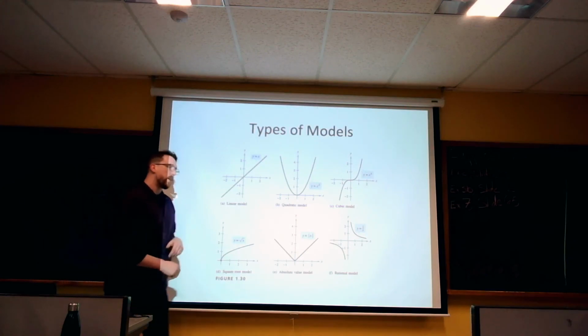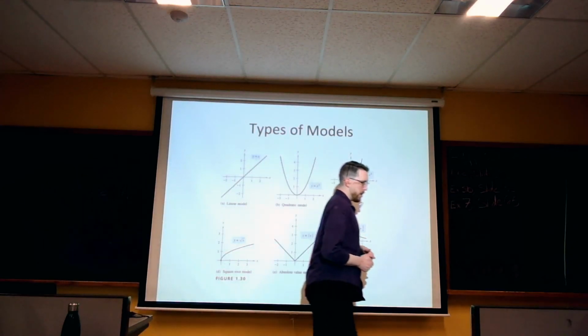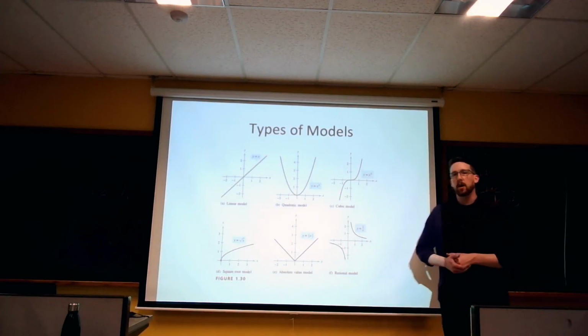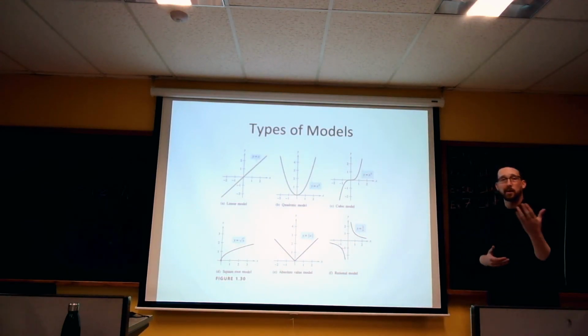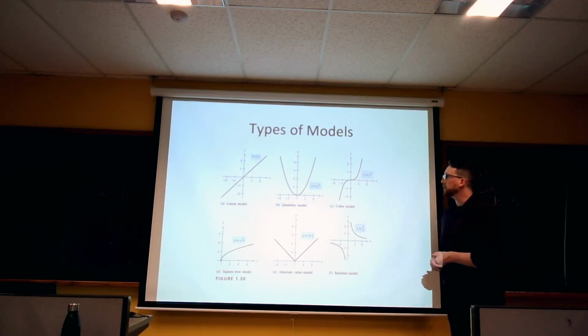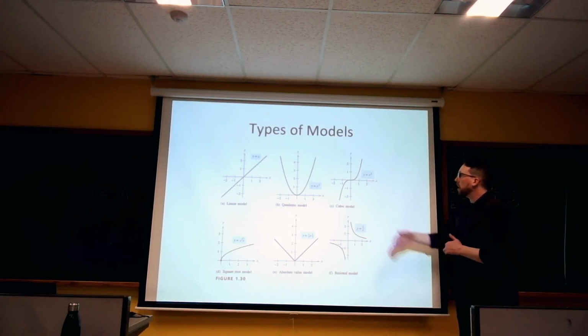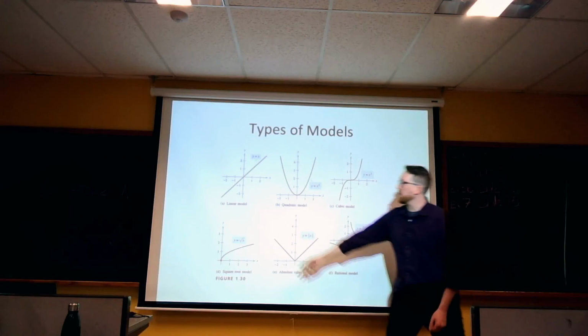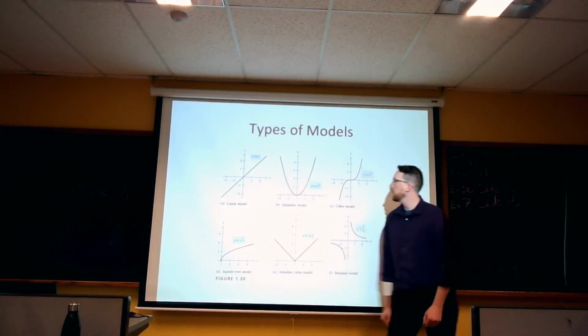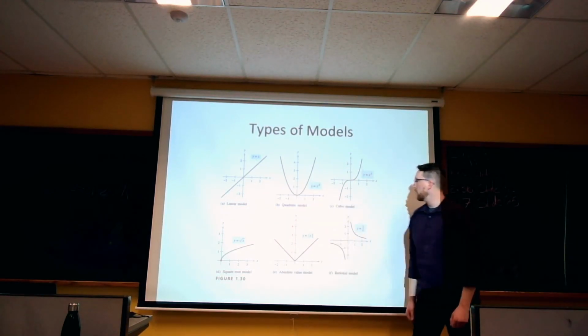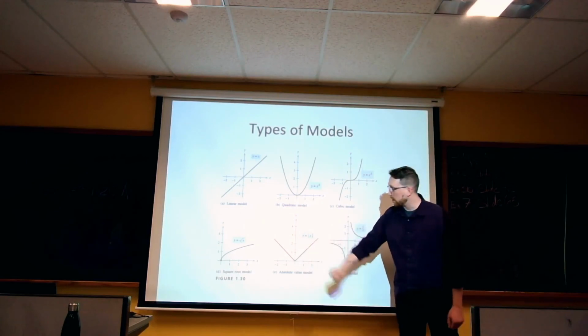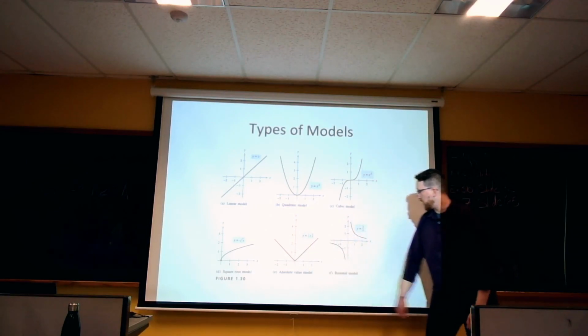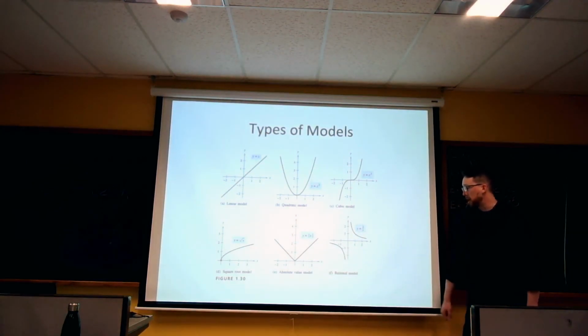Having said that, I'm skipping over a little bit in the notes, mathematical models, and that's because I think y'all can read that and understand it for yourselves. But I did want to point out a couple of different types of models that show up regularly. We've got the linear model, the quadratic model, the cubic model, the square root model, the absolute value model, and the rational model.